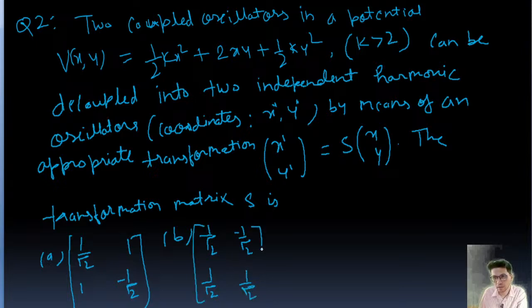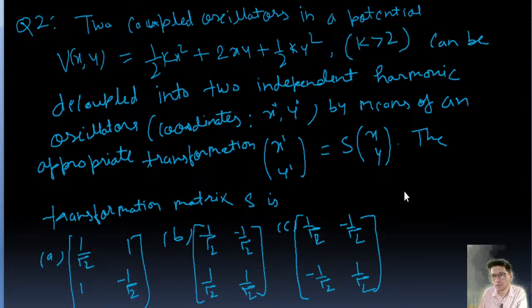Option C is 1 by root 2, minus 1 by root 2, minus 1 by root 2 and 1 by root 2. And option D is 0, minus 1, 1, 0. These are the options, guys.